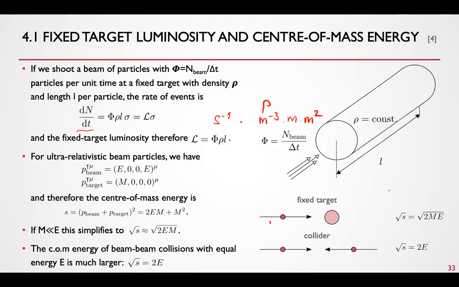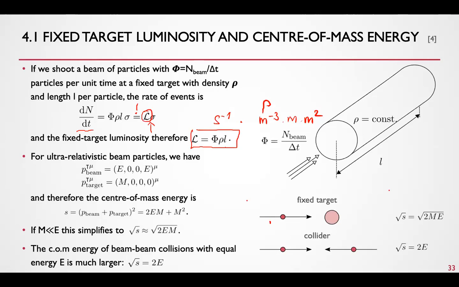Okay, so the rate of events is given by definition from the cross-section and everything that comes as a prefactor. And from our simple expression, we can read off the fixed target luminosity expression. The fixed target luminosity is the rate of beam particles times the density of the target times the length.